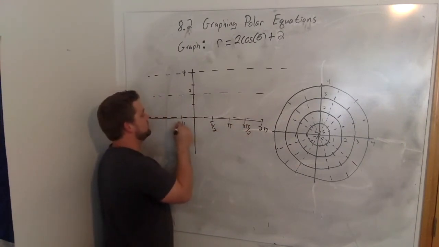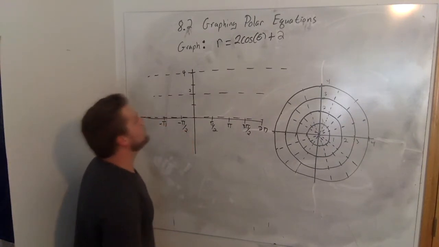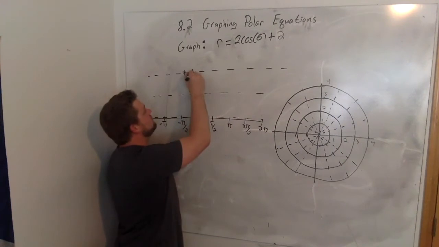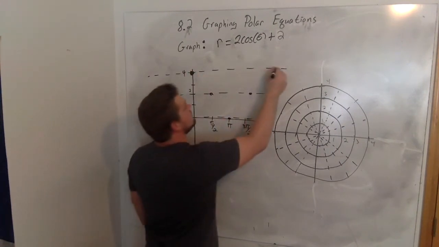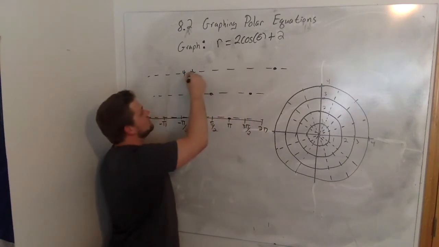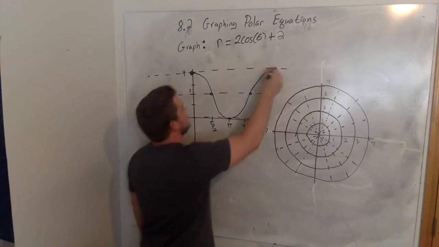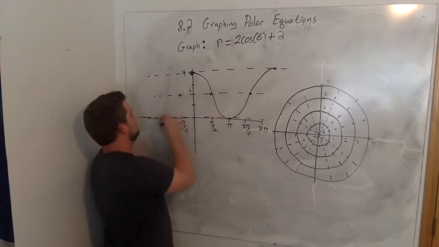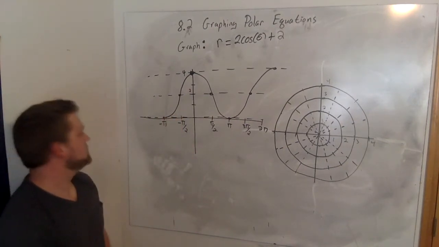Guess we could go backwards. Cosine starts at the top of the amplitude. So something like this. We could keep going if we wanted to.